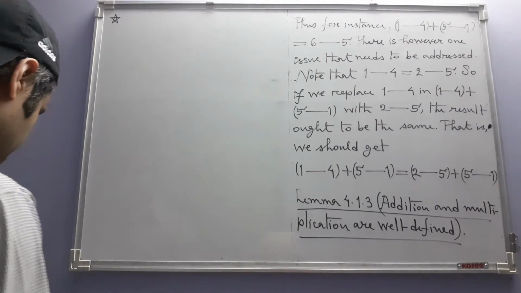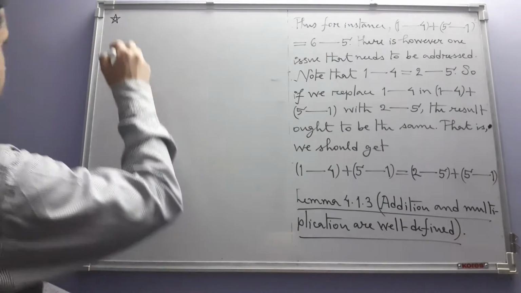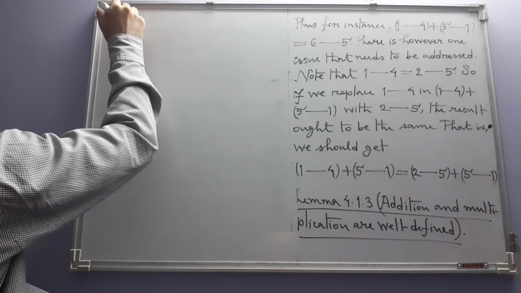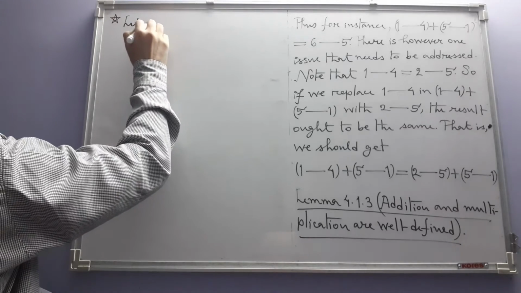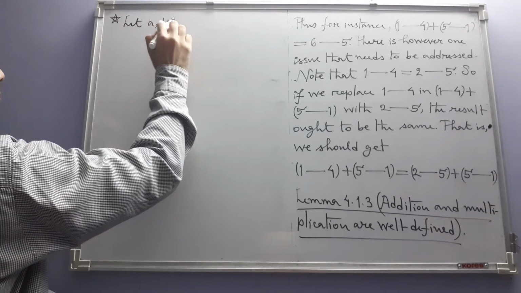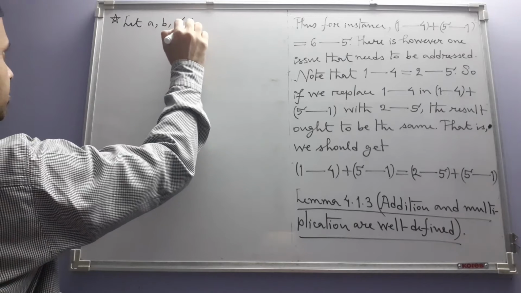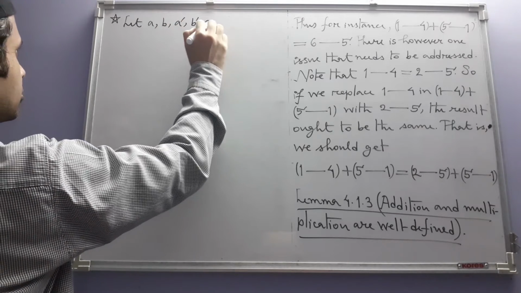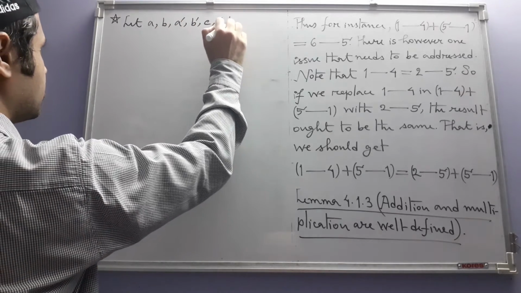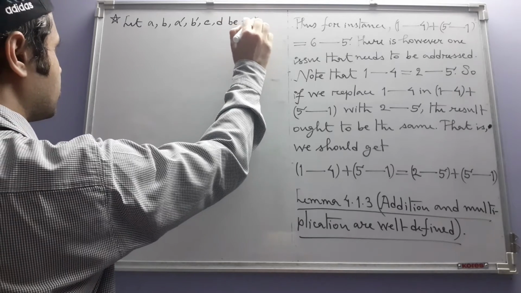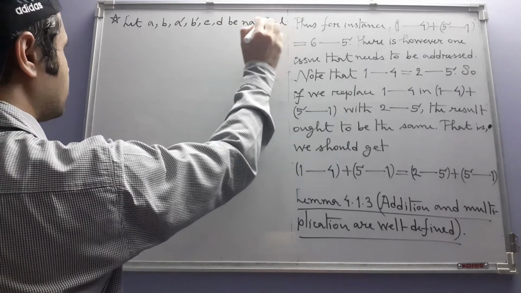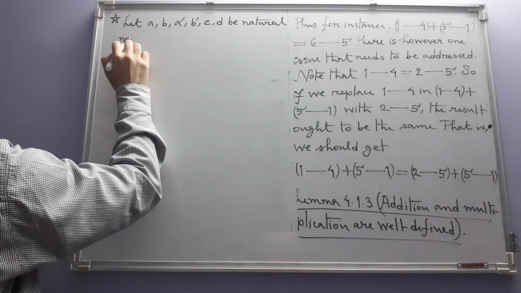And the specific statement goes like this: let a, b, a prime, b prime, c, d be natural numbers.